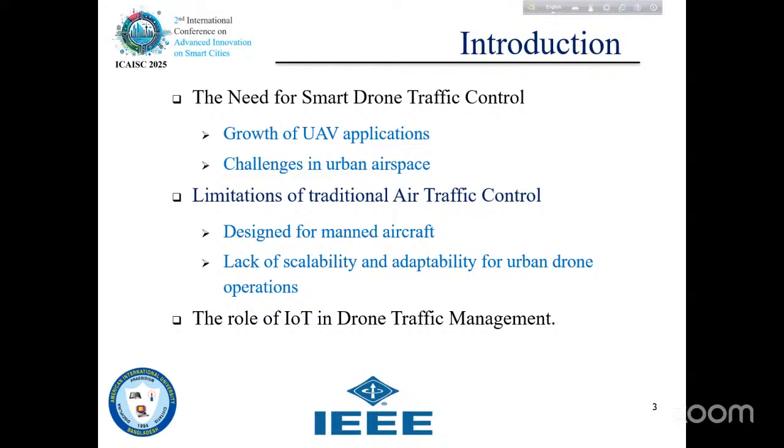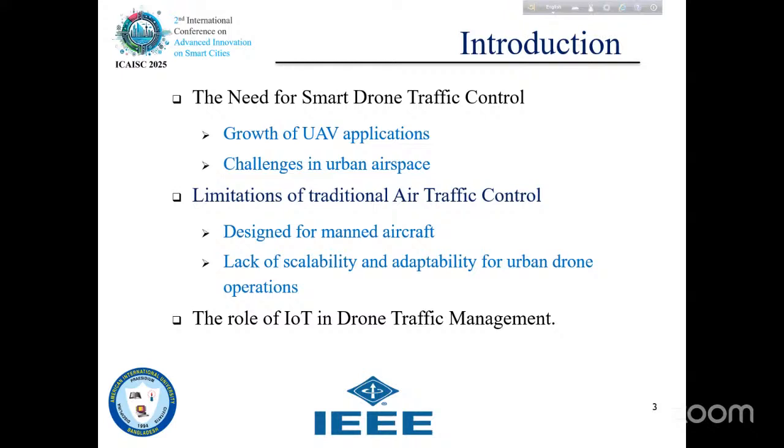These systems lack the scalability and adaptability required to handle the unique needs of drone operations in dense urban environments. This gap underscores the need for a smart IoT-powered drone traffic control system that can manage the complexities of UAV operations, ensuring safe, efficient, and scalable integration into urban airspace.